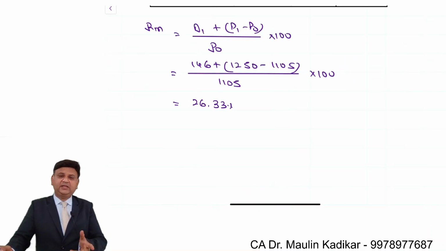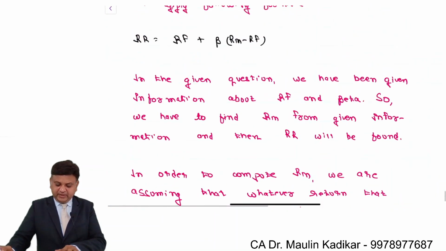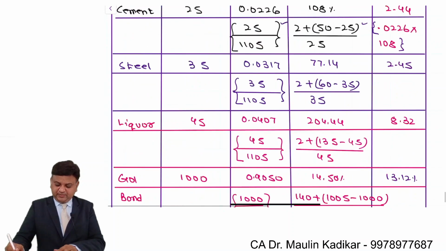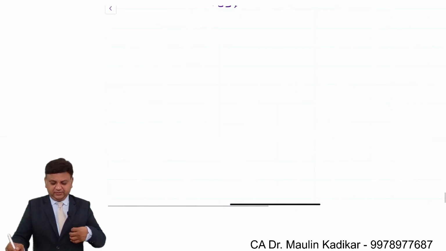Now, once we have made the computation of the return on the market portfolio, the calculation is very simple to make the computation of the required rate of return. RF is provided to us as 14%. Beta is already provided to us for the individual security. RM has been found by us as 26.33%. So we can compute the required rate of return.